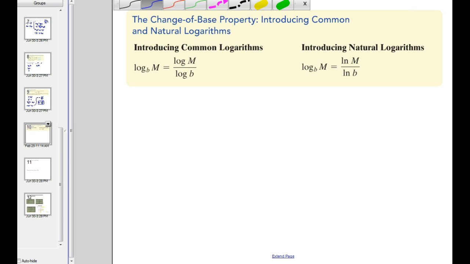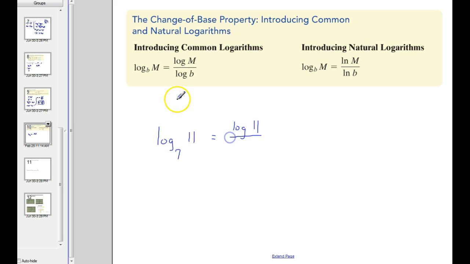So for instance, the log base 7 of 11. Alright, according to this, that's 7, that's 11. This is the log of the original input, 11, divided by the log of the original base, which was 7.